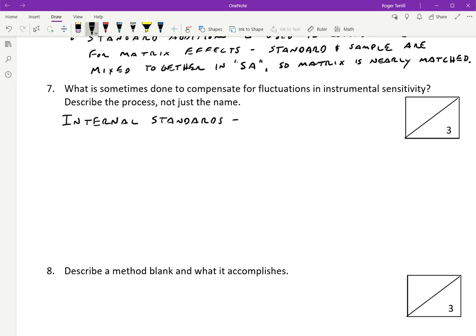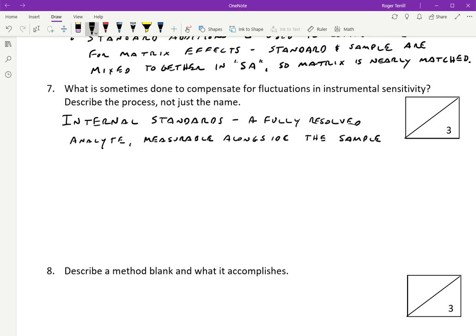So in short, an internal standard is a fully resolved analyte measurable alongside the sample, the amplitude of which is expected to be constant.